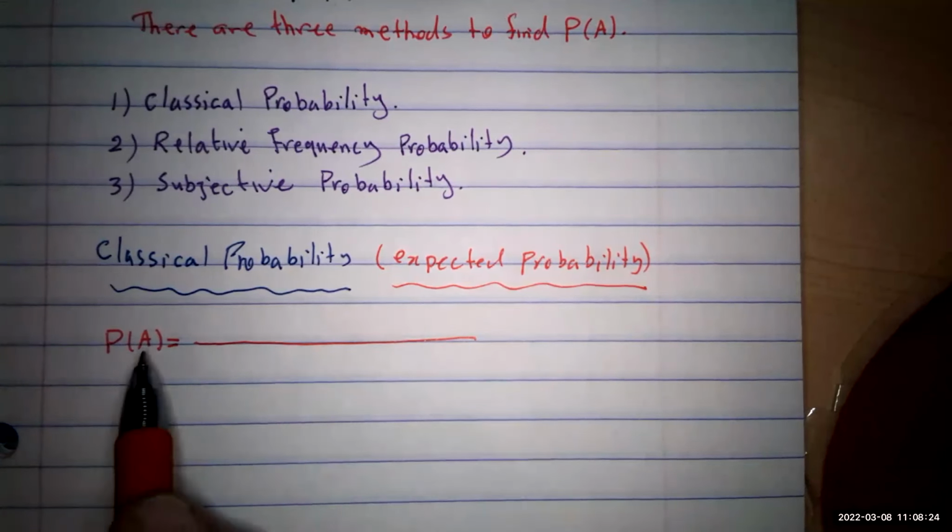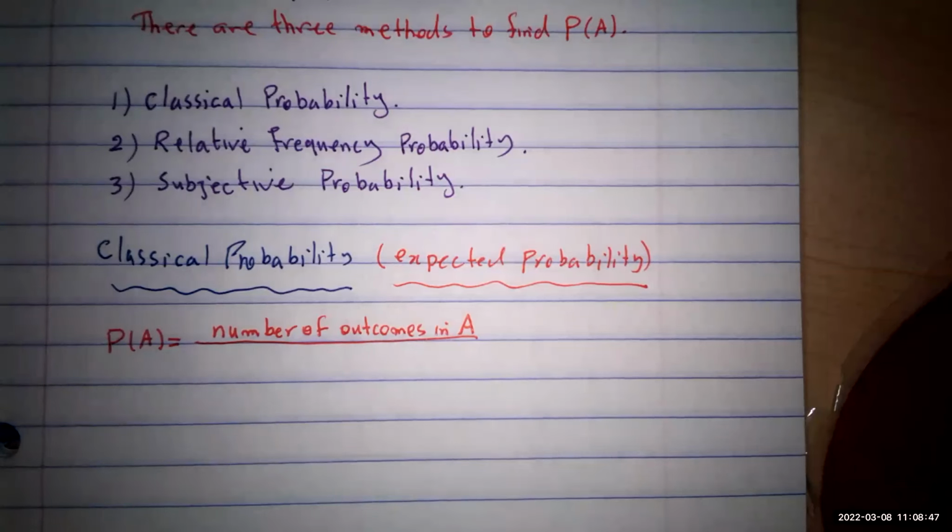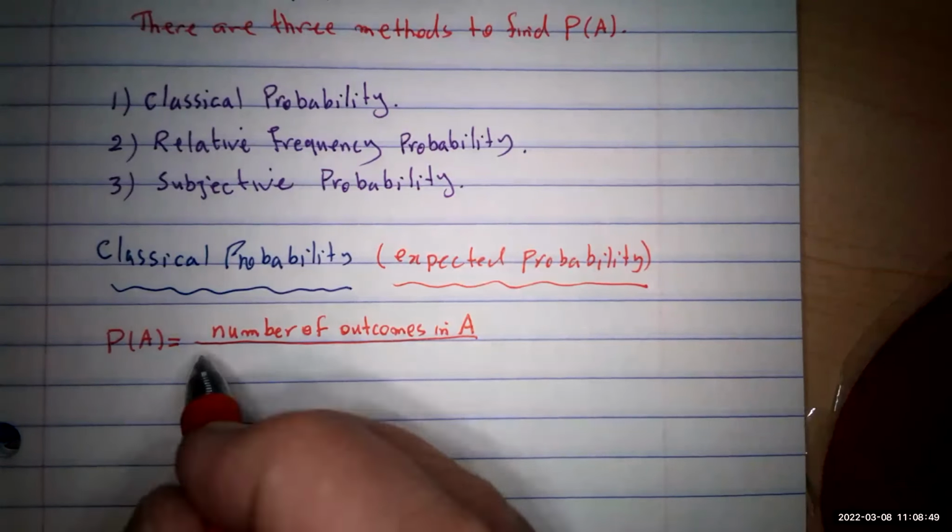On the top, you count how many members you can see in A, or how many outcomes. So the top would be the number of outcomes in A, divided by the total number of the outcomes in the sample space.